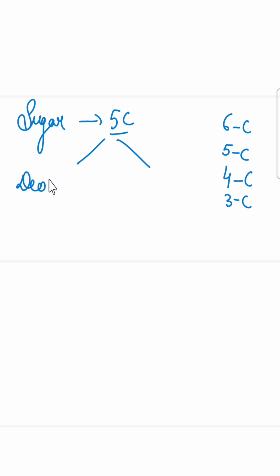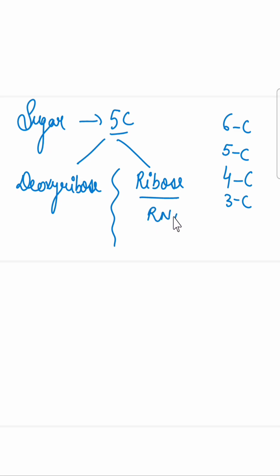First is deoxyribose sugar and second is ribose sugar. Simple difference: one is RNA sugar, the other is DNA sugar. Both are 5 membered, 5 carbon rings, nothing much. A slight difference in the structure, otherwise the structure is the same as well.